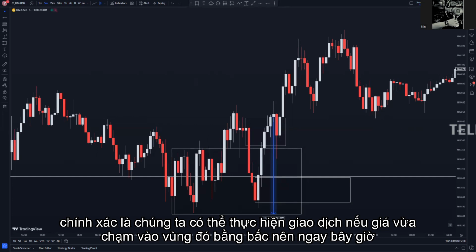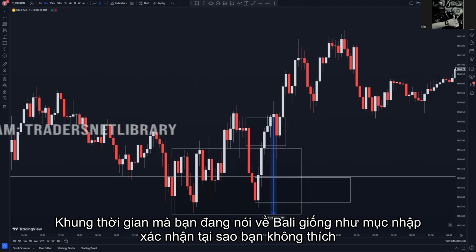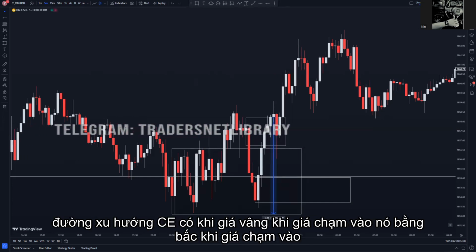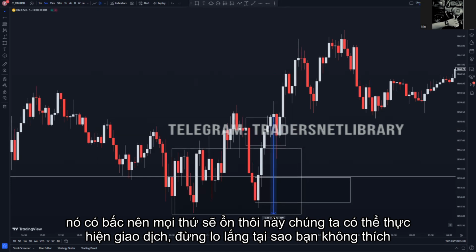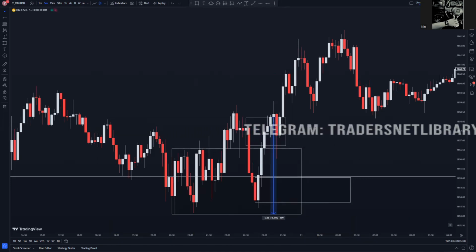Can we take the trade if the price just touched the zone with a wick? So right now, which time frame are you talking about, Bali? Is that for the confirmation entry? CE. Yes, when the price touches it with a wick, we can take the trades. Don't worry.